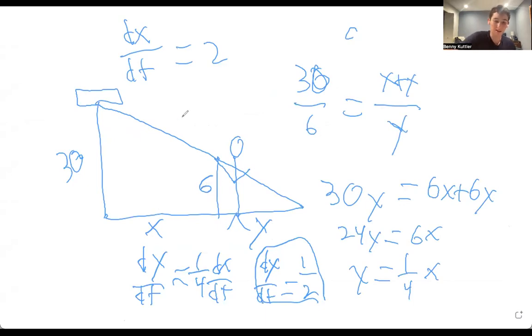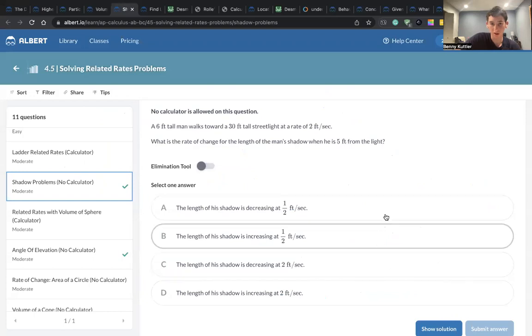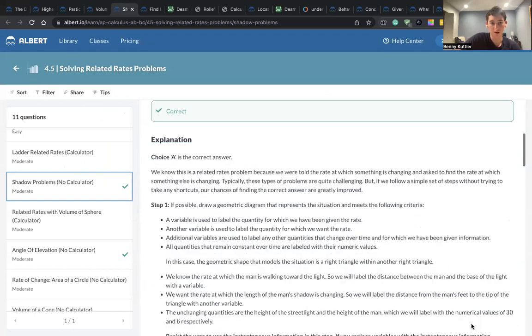So dx/dt is really -2, not 2, because you're going to the left and this distance x is decreasing. So if we plug in -2 here instead of 2, then we get -1/2. And if a rate of change is negative, that means something is decreasing at that rate. So now if we go back to this problem, we know that it's decreasing at 1/2 foot per second.